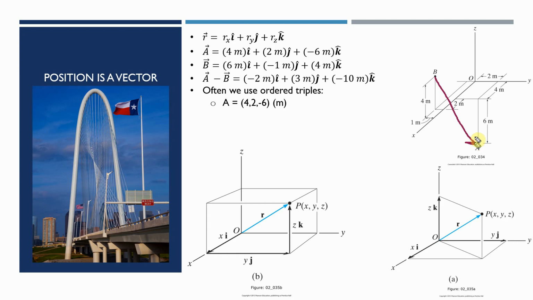So this is A minus B. We know it's A minus B because if we take B plus this, we get A. And we can see that that's tip to tail. B plus the result equals A. So we know that's true.